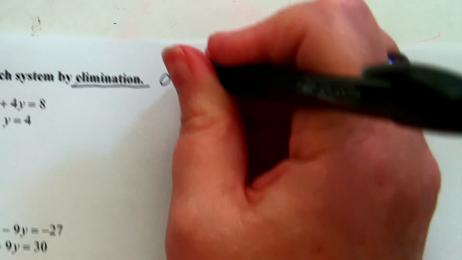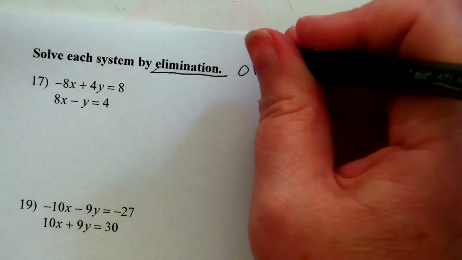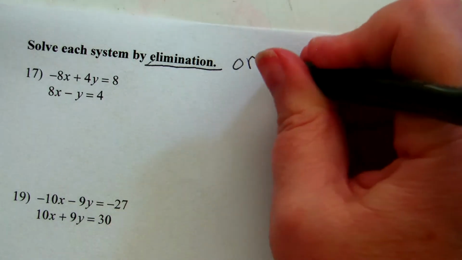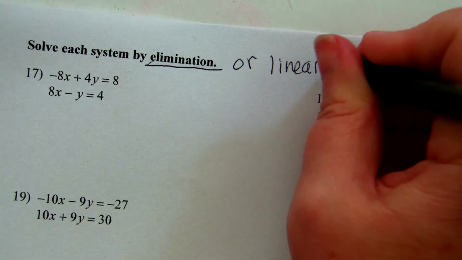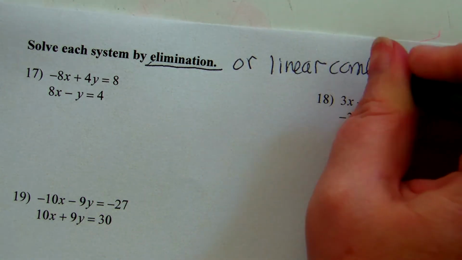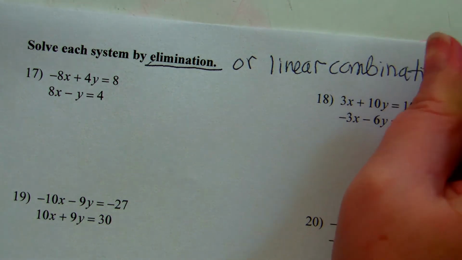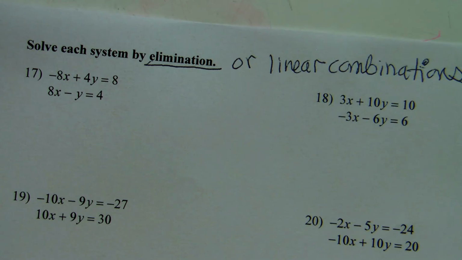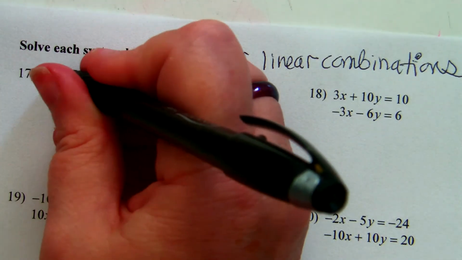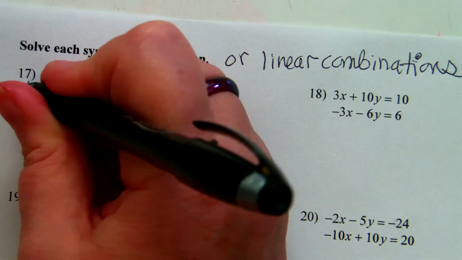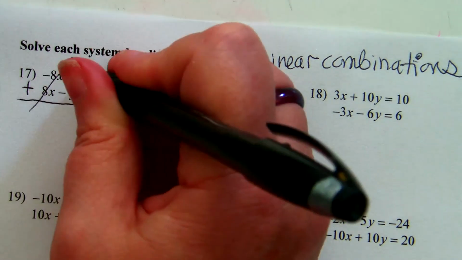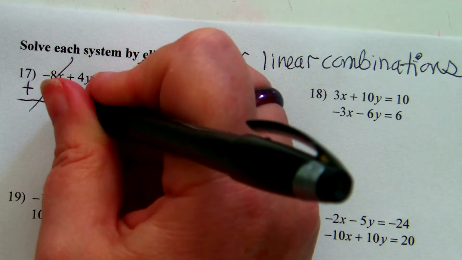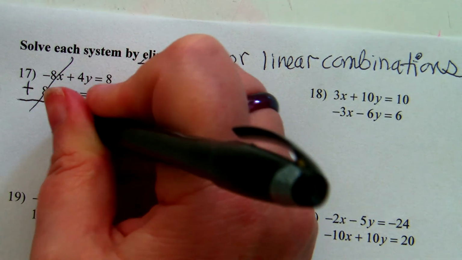And then for elimination, it's also called linear combinations. It's the addition-subtraction method. And there's different levels of difficulty. The first problem, see how it's a negative 8x and a positive 8x? If you add, they cancel, and you get 4y minus 1y is 3y.